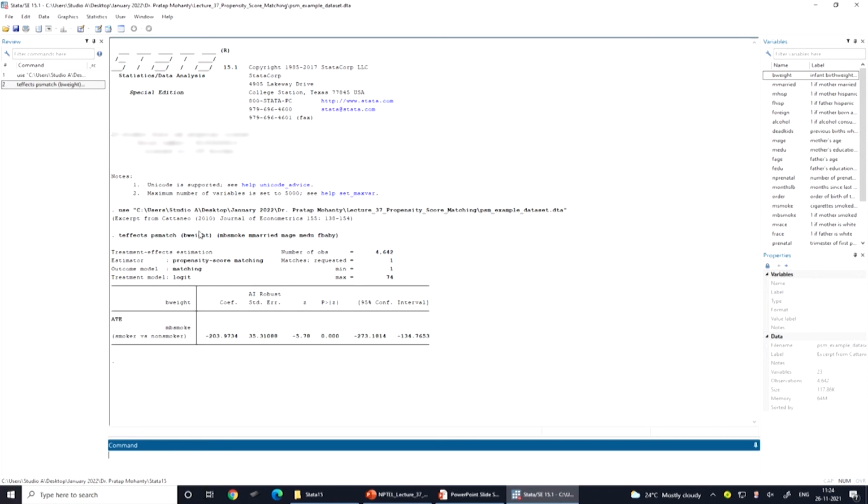Birth weight is our outcome variable, the first variable after it is the treatment one, and the rest are your control variables, or treatment independent variables. If you feed it into the command window, you will also get the result correctly.